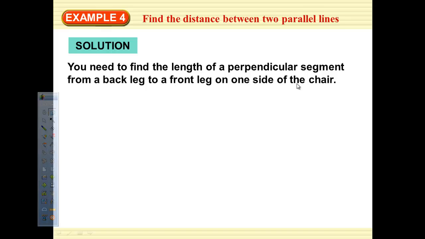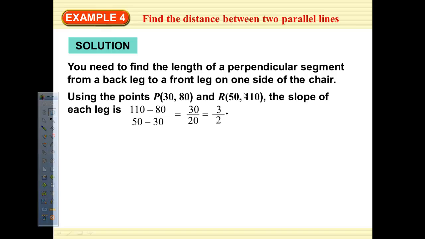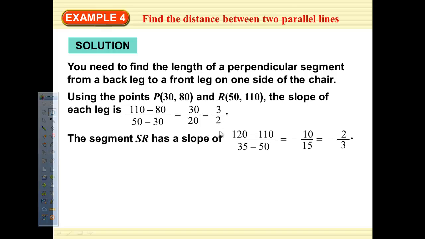Looking at this, it says we need to find the length of a perpendicular segment because the shortest distance between either two parallel lines or a point and a line is the perpendicular distance. So they found the slope of PR, and the perpendicular slope would be -2/3 in this case.